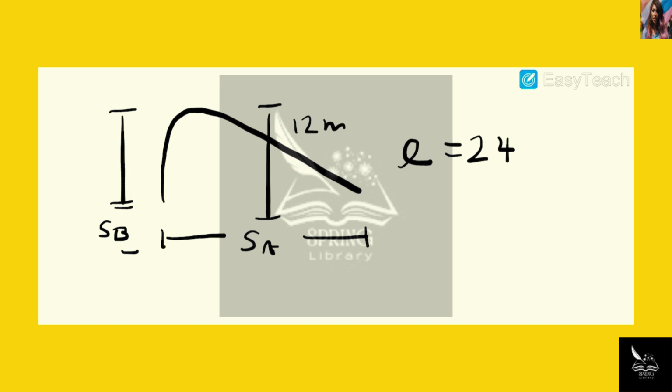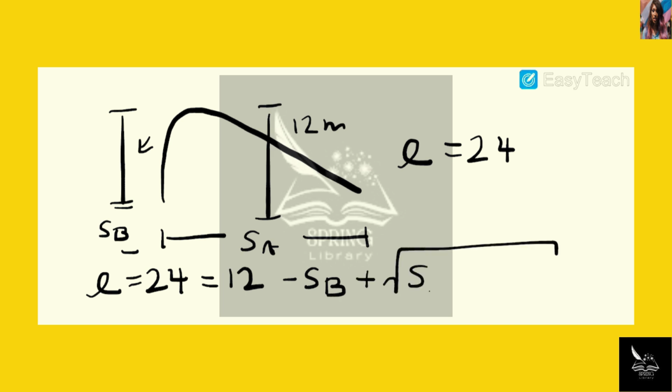Therefore, this distance here is just going to be equal to 12 minus SB. What we can do is say that L, which is equal to 24, will be equal to 12 minus SB plus the square root of SA squared plus 12 squared. And that is just the hypotenuse of this triangle.